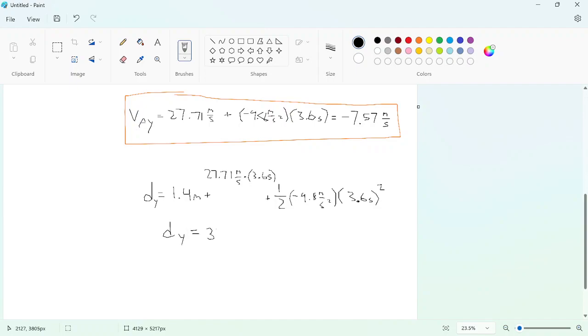The final y position is going to be equal to 37.652 meters.